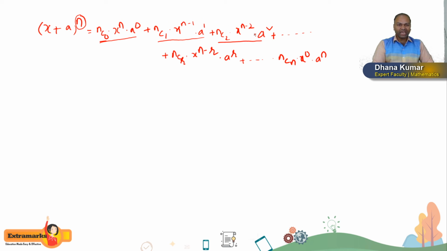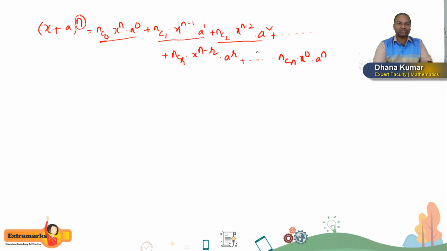In every term you observe nC0, nC1, nC2, so on, nCr, so on, nCn. These are all called binomial coefficients. Remember the formula this way: n is the upper suffix, 0 is the lower suffix. The lower suffix starts with 0 and ends with the upper suffix.